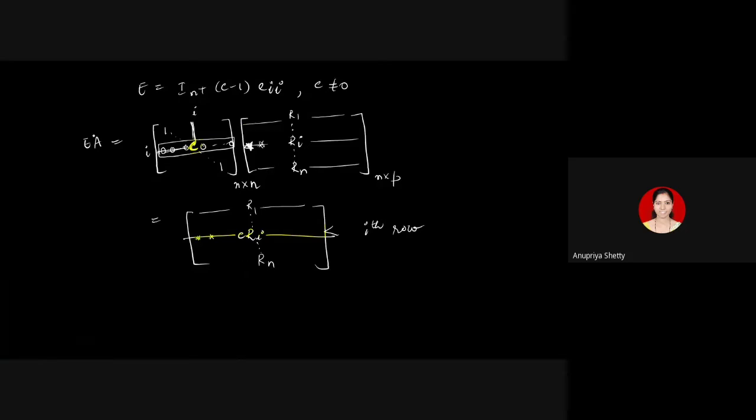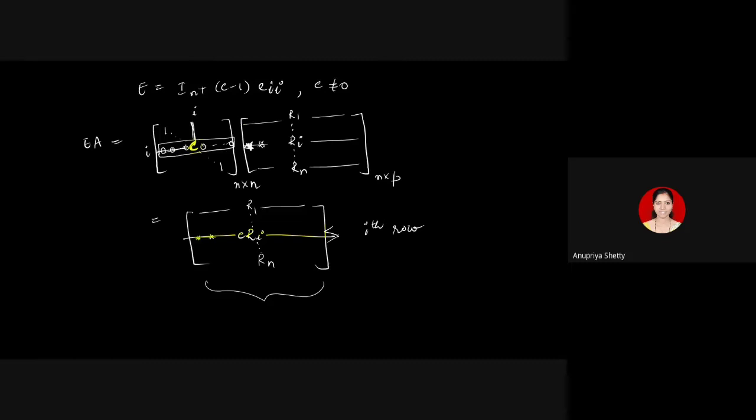So what the matrix E has done here, when E is multiplied on the left of a given matrix A, if it has a scalar C in the ith place, then in the resulting matrix all other rows will remain the same as that of A, but in the ith row, every entry gets multiplied with C. Left multiplying a given matrix A by an elementary matrix of type 3 is equivalent to performing an elementary row operation of type 3.